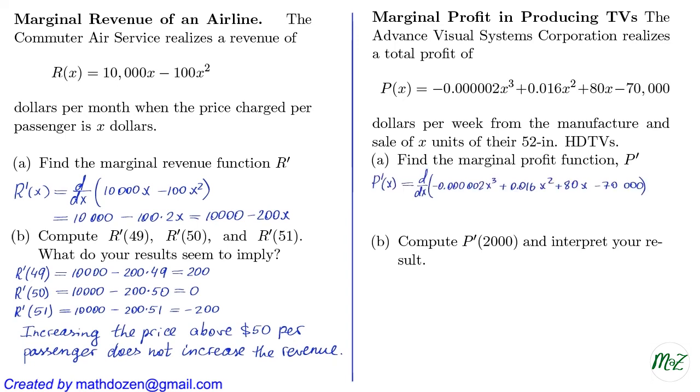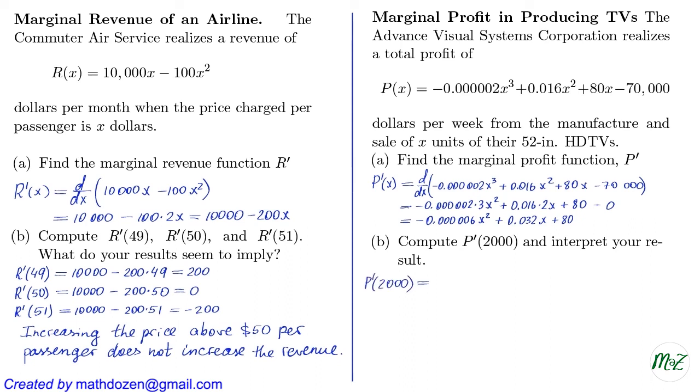So we'll look for the marginal profit function. We're doing derivative of that monster. So we're looking at negative 0.0000 something times derivative of x cubed, that's 3x squared, plus 0.016 times 2x plus 80 minus 0. So this ends up being negative 0.000206 times x squared plus 0.032x plus 80.